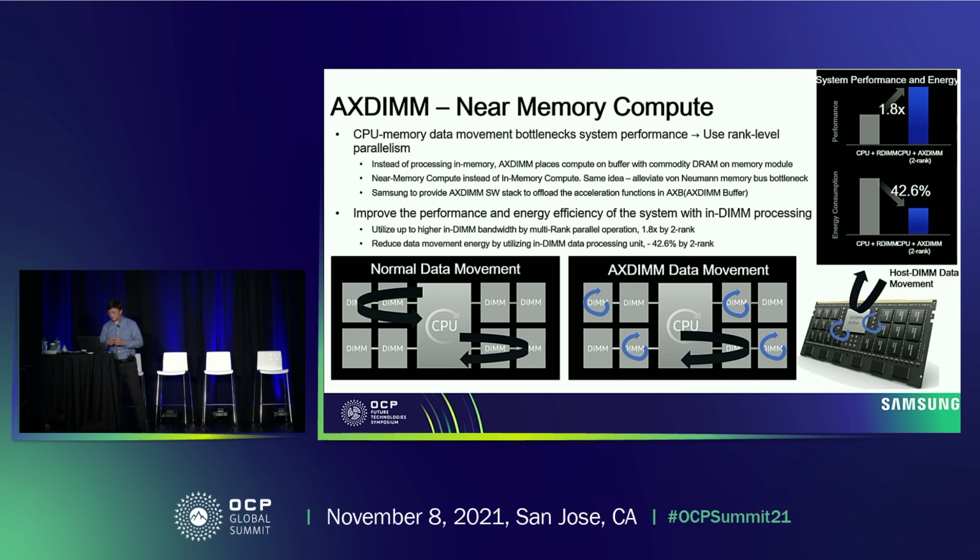It's trying to alleviate the bandwidth bottleneck between the memory module and the host system by taking advantage of the parallelism and the bandwidth on the module itself. Okay. And again, the initial evaluation results are also promising. It shows that we have performance gains as much as 1.8x and appropriate energy efficiency improvements as well.